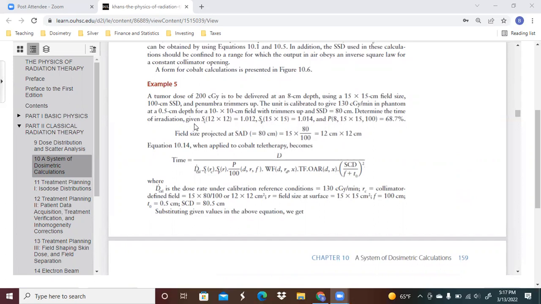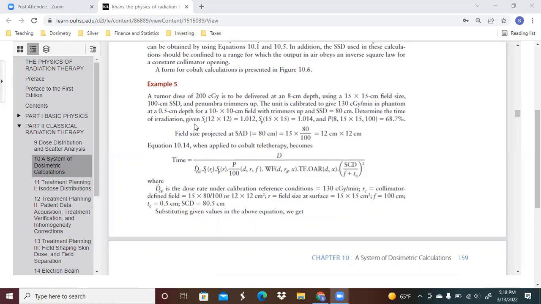So we've got a tumor dose of 200 centigray, and that's to be delivered at an 8 cm depth using a 15 by 15 field size, 100 cm SSD, and penumbra trimmers up. The unit is calibrated to give 130 centigray per minute in phantom at a 0.5 depth for a 10 by 10 cm field with trimmers up, and SSD is equal to 80.